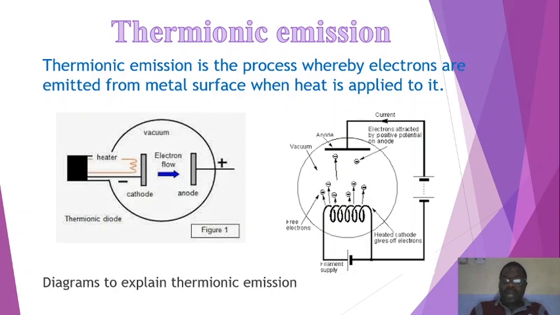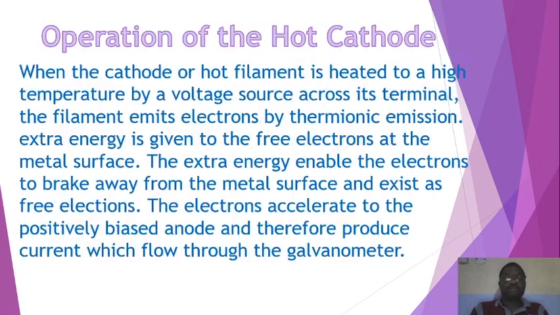So when they go to the anode, all of them are accumulated. They hit the anode. So you find out that in this case, the properties of these electrons that are emitted here can be studied. And it has various applications which we are going to discuss.